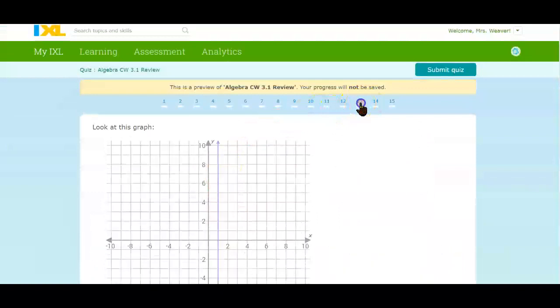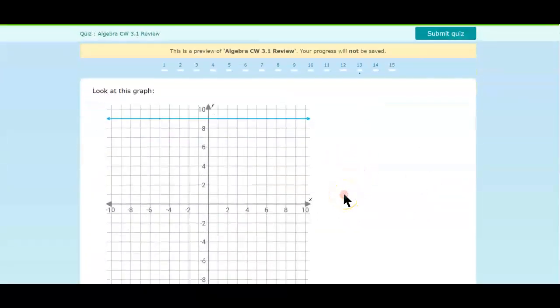Okay? Whereas number 13, we look at this and go, oh, well, if I looked at some points, here's one that has an x value of -5 and a y value of 9. And here is an x value of 0 and a y value of 9.